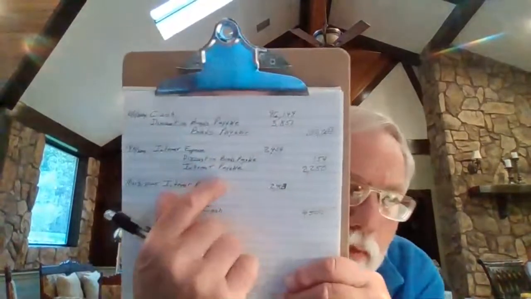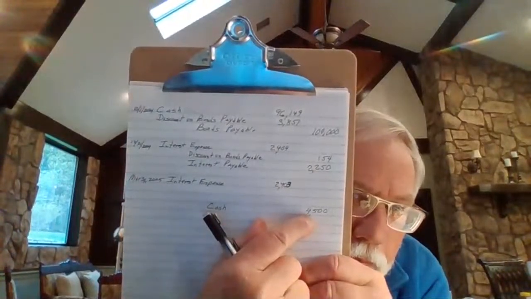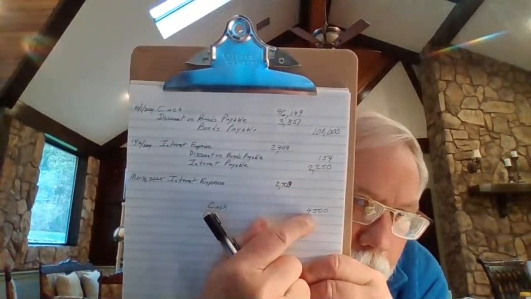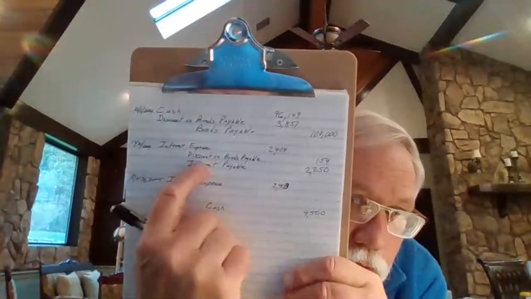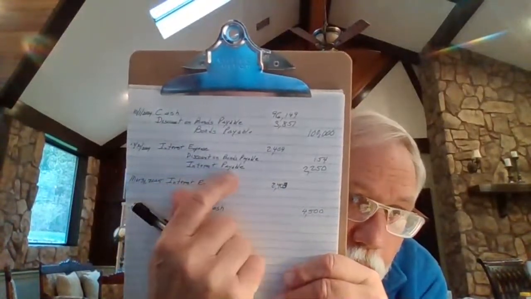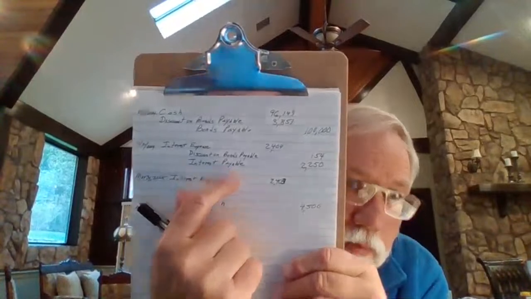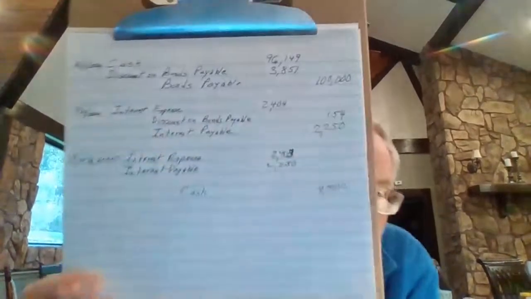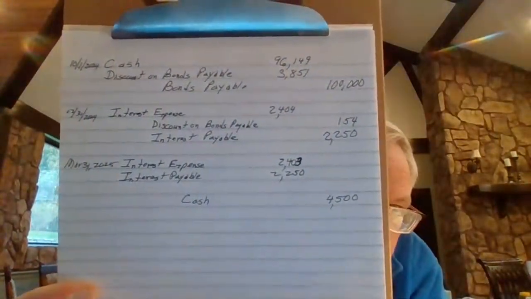Now, part of this $4,500 payment is going to satisfy that liability, interest payable from December 31, of $2,250.